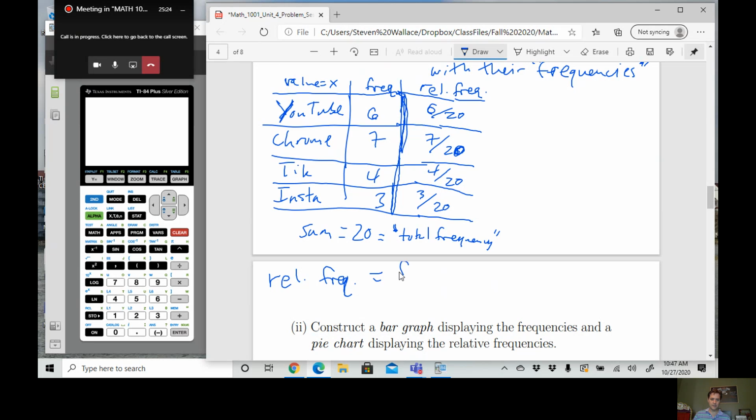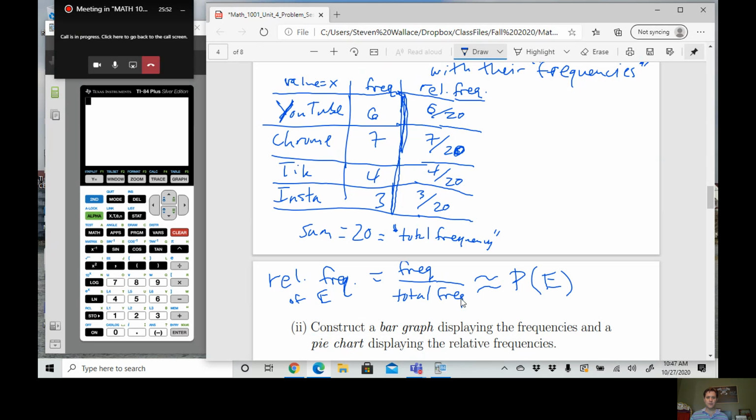This is the frequency divided by the total frequency. Think about total frequency, that's like the sample size. Frequency is like the number of times the event occurs, right? So relative frequency of a data value is like the probability.